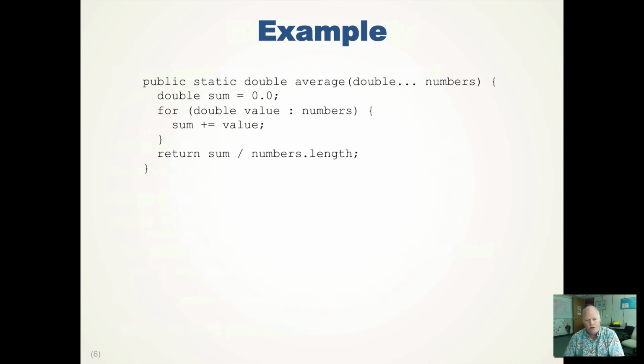We add that to the sum, and then we return sum divided by numbers.length, which is how many items we've added up, and that is the average. So it's very simple, where we're using a variable arity parameter and the for each loop to quickly calculate the average of these doubles.